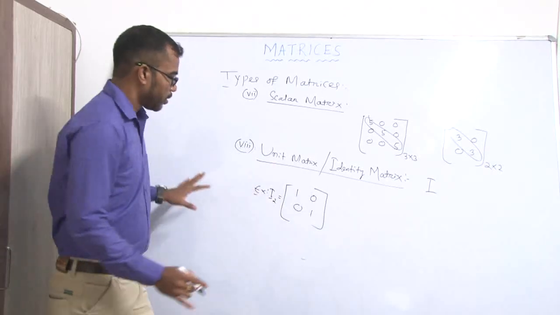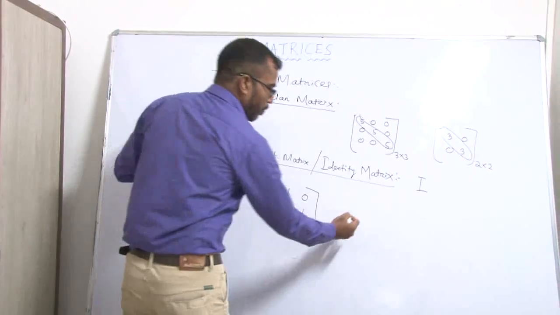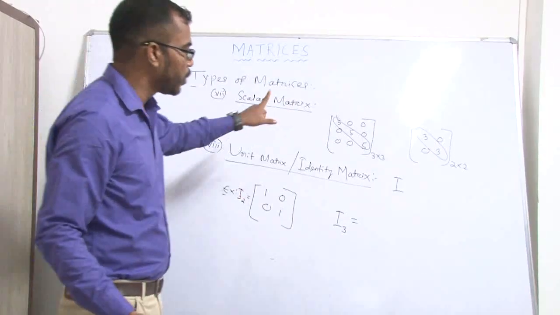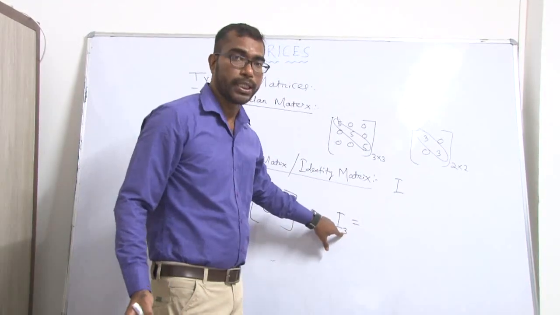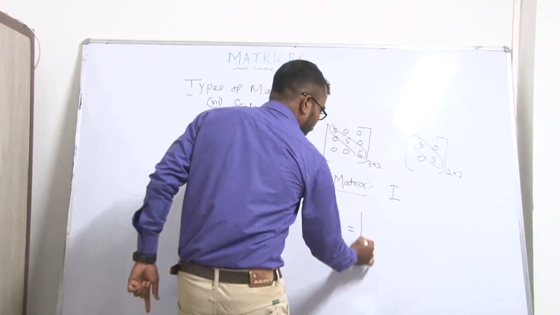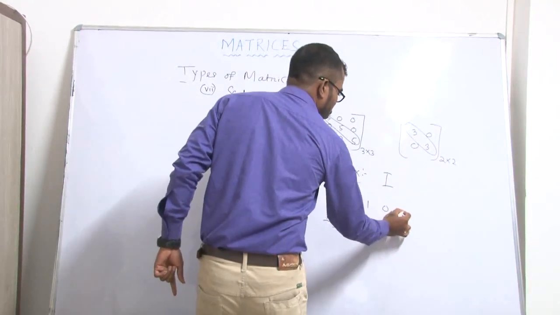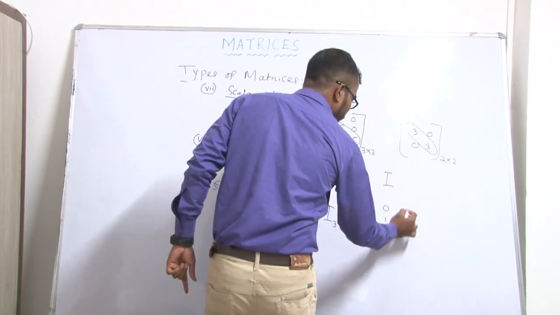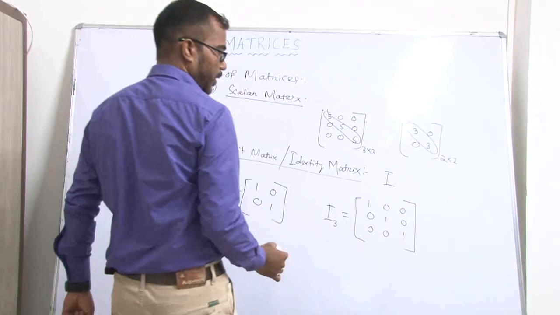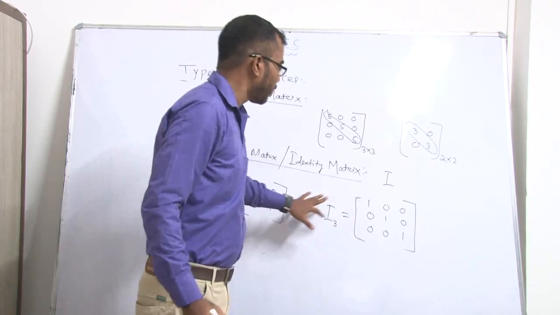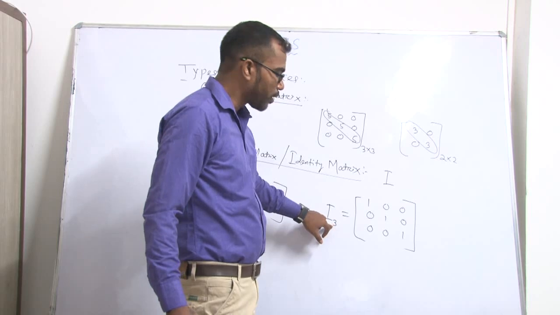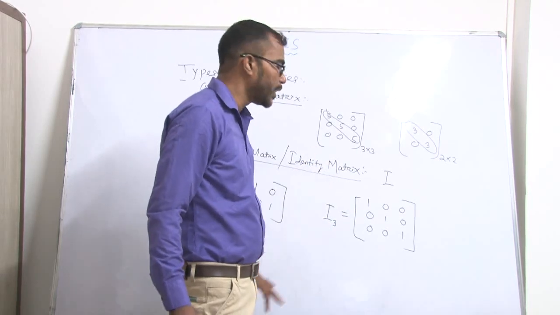So it is an example of I2. If we write I3, I3 means it is an identity matrix of order 3. That means we can write 1 0 0, 0 1 0, 0 0 1. It is an example of I3, that means third order identity matrix.